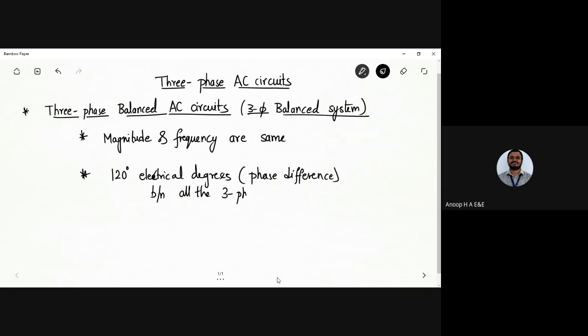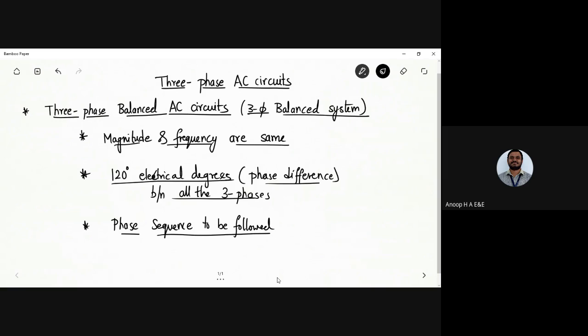Next, you have a particular phase sequence to be followed. So when I say magnitude and frequency are the same, and you have 120-degree displacement, that is the phase difference between all the three phases, and the phase sequence is to be followed.